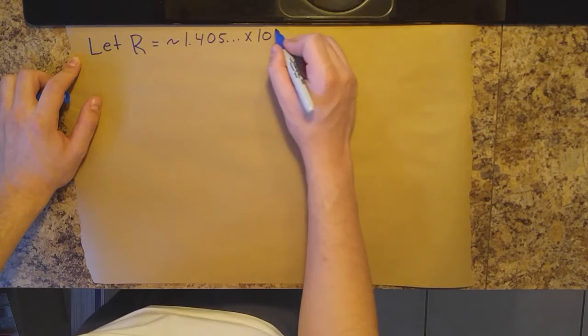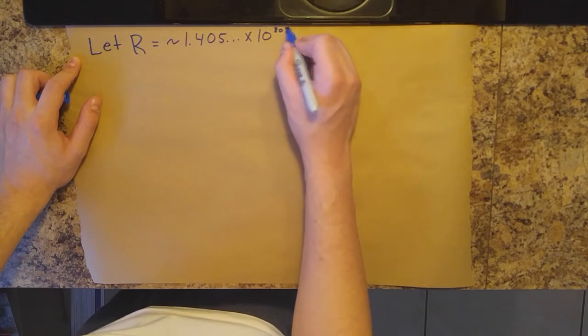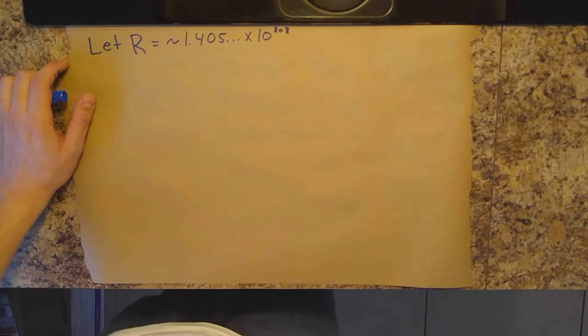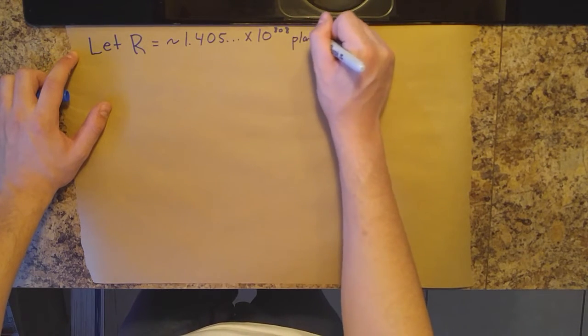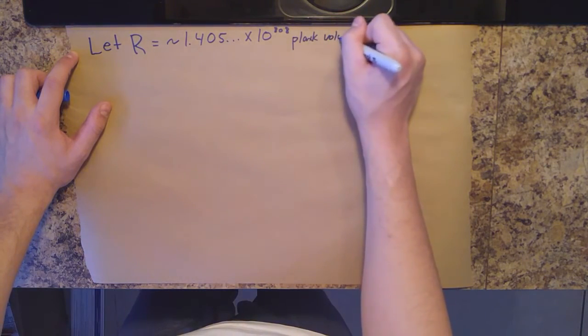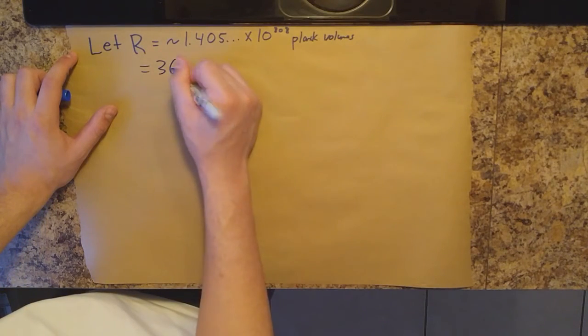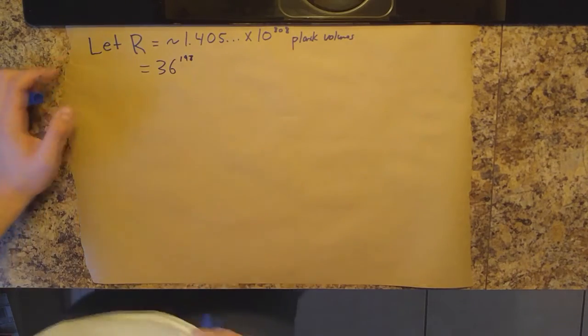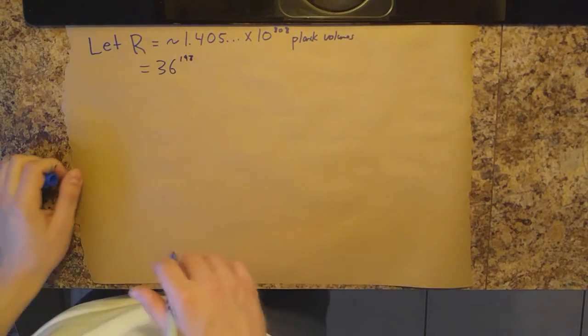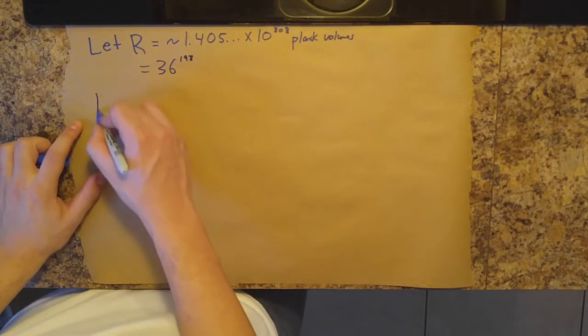So if we let R equal 1.405 times 10 to the 308 Planck volumes, which is 36 to the 198th power, that's the number of permutations for the string length of 198.